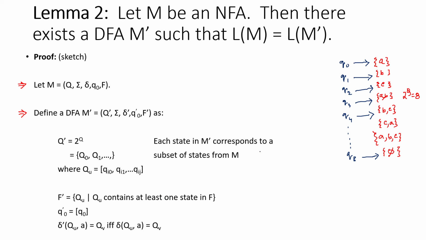It means that in the NFA, if we assume that C is the final state, then I will take q2 as final state, I will take say q4 as final state, q5, q6, q7. So I will take q4, q5, q6, q7, all these 4 as a part of the final states, because all contain C.